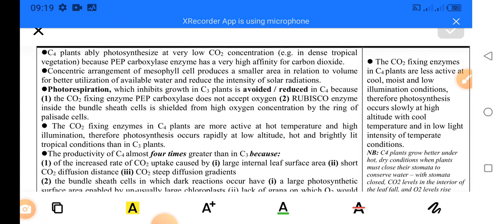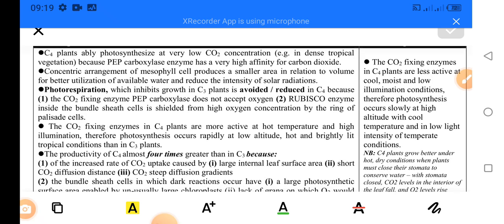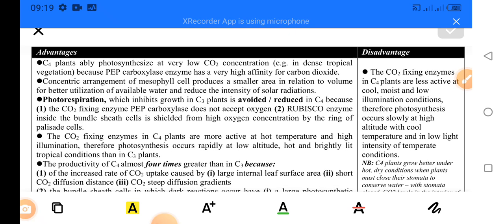Now, when we look at advantages of C4 plants, one, C4 plants are able to photosynthesize at very low carbon dioxide concentration, e.g. in dense tropical vegetation.